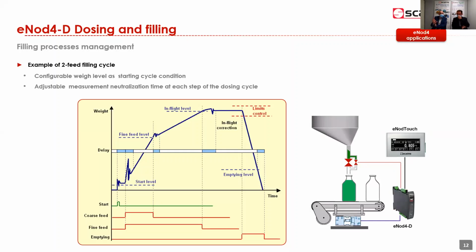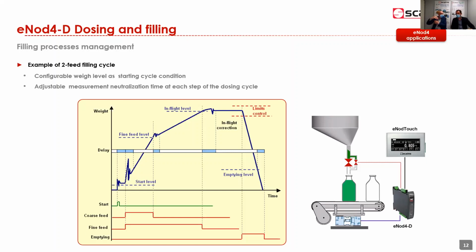Indeed, generally for liquid filling, it's necessary to start with a fine feed. Why? Because if you start directly with a coarse feed, you could have some foam inside the bottle. So often we don't use two feeds, fine feed, coarse feed, or coarse feed, fine feed, but we will use fine feed, coarse feed, fine feed to start slowly.